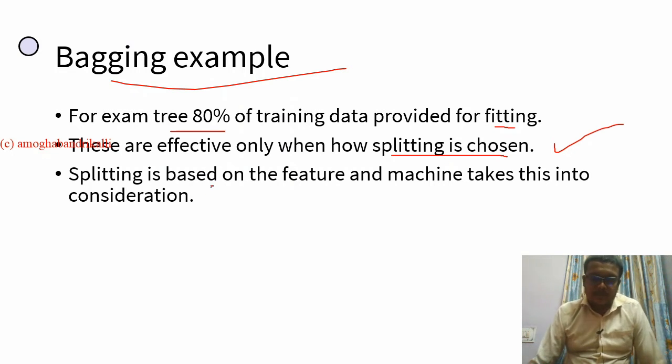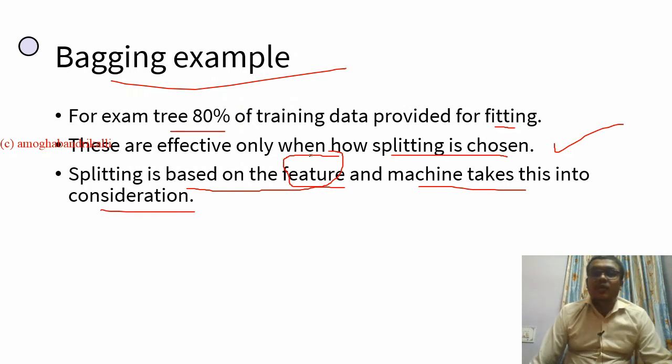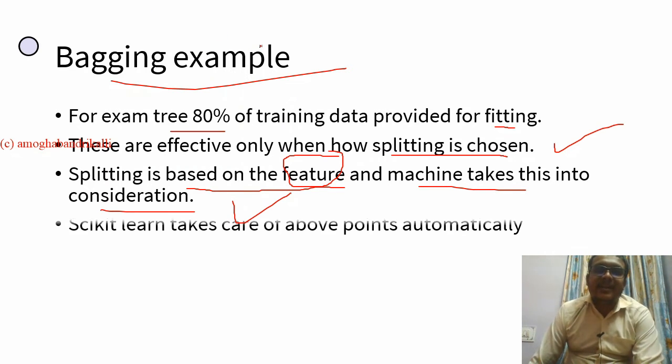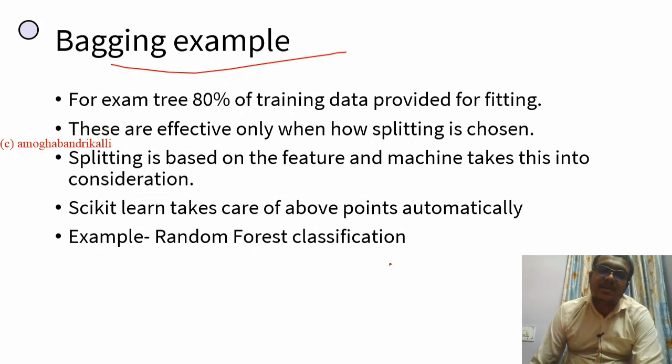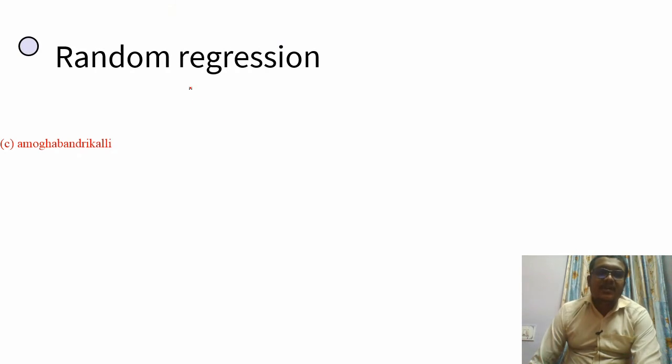Splitting is based on the features, and the machine takes this into consideration. Based on what good data we provide for the features, the bagging is going to provide better results. Scikit-learn does all these points automatically by using random forest classification.